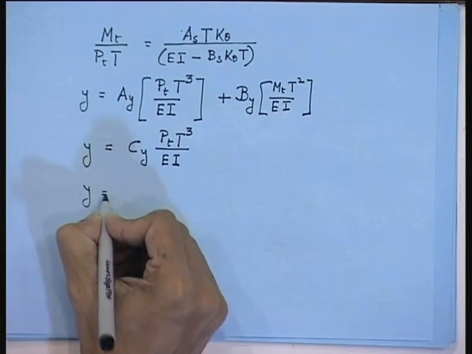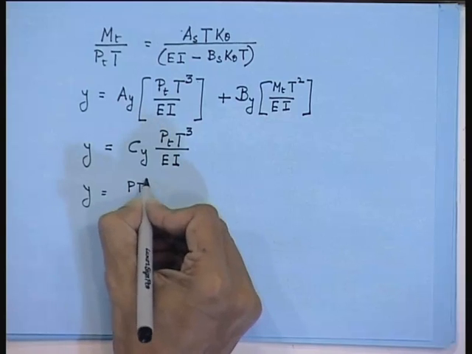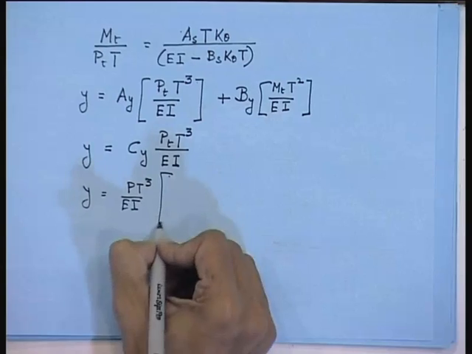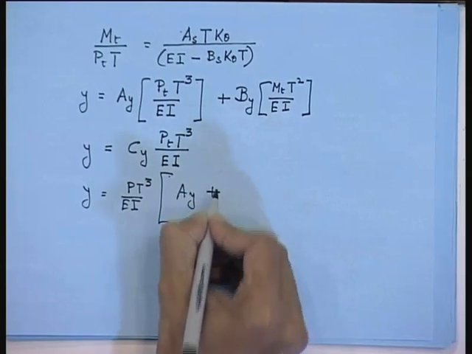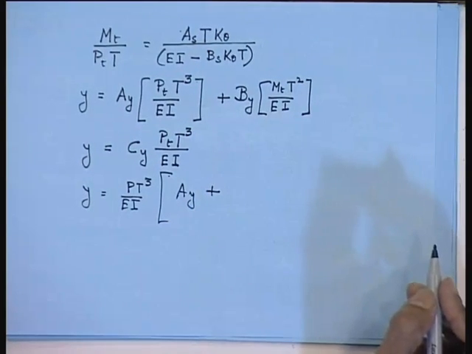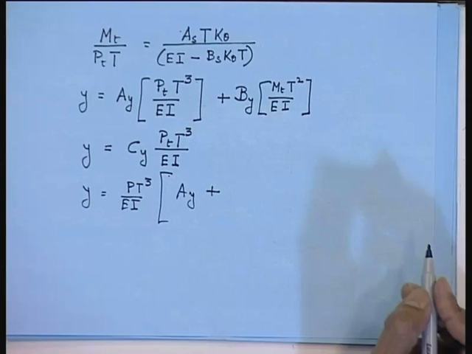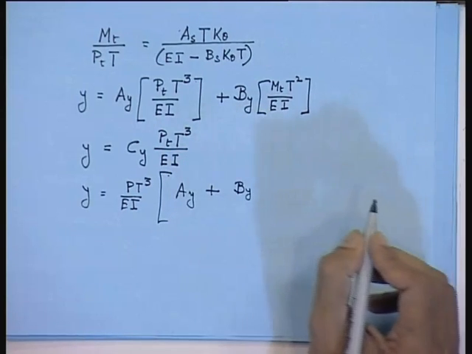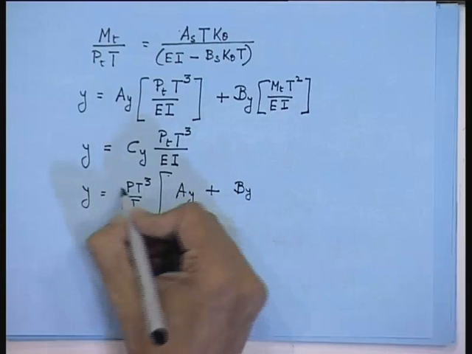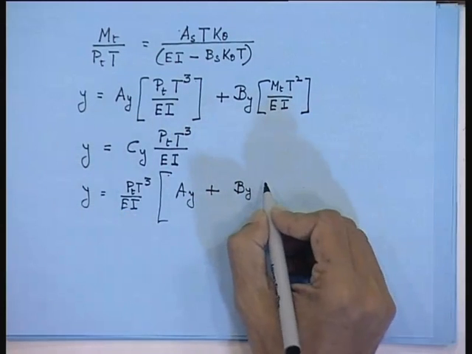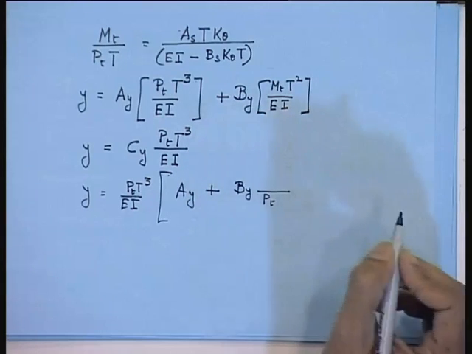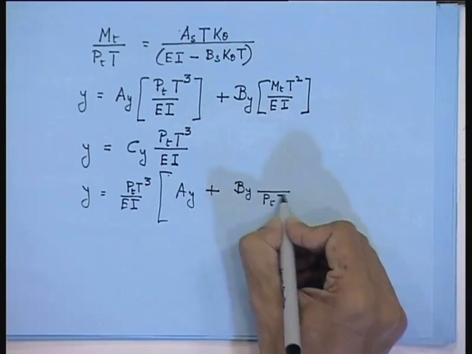So, y becomes equal to, now inside you are getting AY plus how much? What will be this? So, BY will remain as it is, isn't it? Now, since you have this is PT, so you have to divide by PT. So, this is divided by PT T cube on numerator.